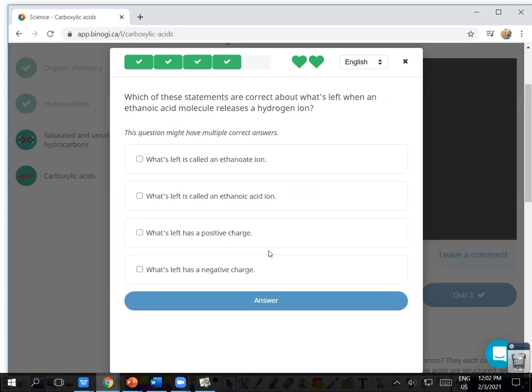Which of these statements are correct about what is left when an ethanoic acid molecule releases hydrogen ions? When an ethanoic acid molecule releases a hydrogen atom, what is left is called ethanoate.